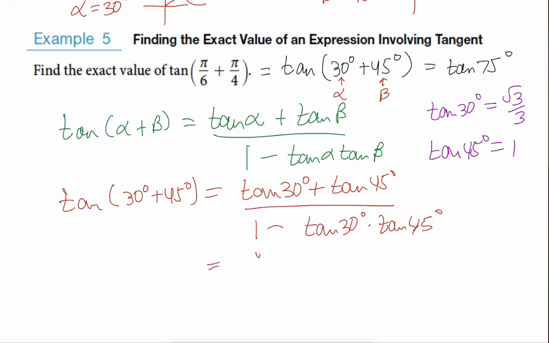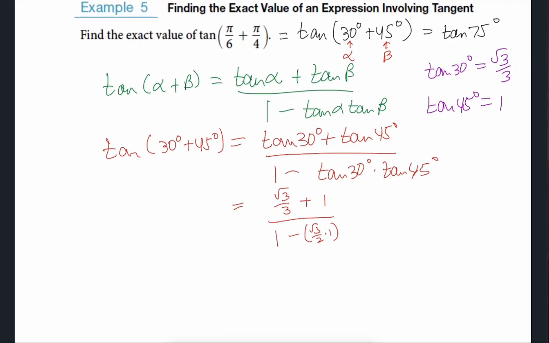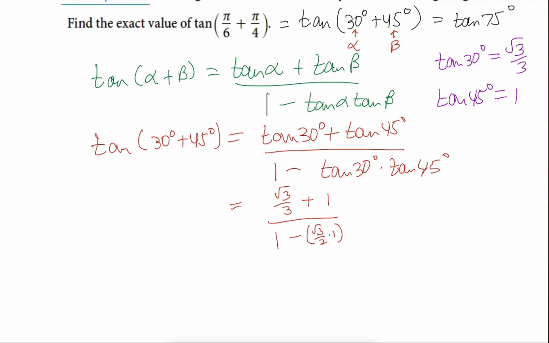30 is radical 3 over 3. 45 is 1. 30 is radical 3 over 3. So this would be radical 3 over 3 times 1. Now, here's where your fraction skills come into play.